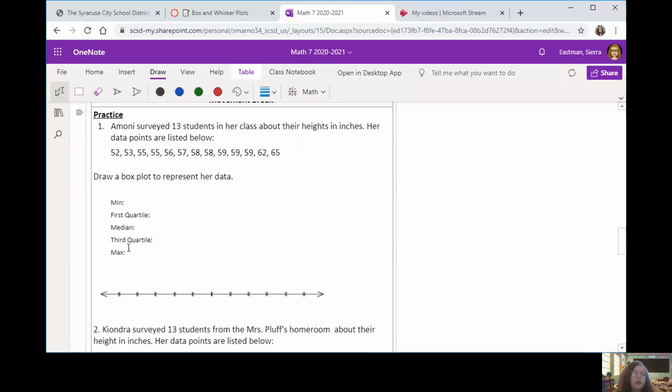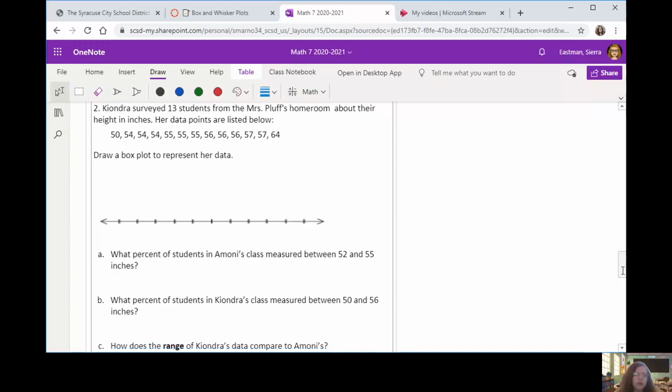Okay, always, always, always find those same 5 things by looking at smallest, biggest, splitting your data in half, and then in half again, and then half one more time. Okay, so basically you're making those 4 equal parts that are going to help you draw your box plot.